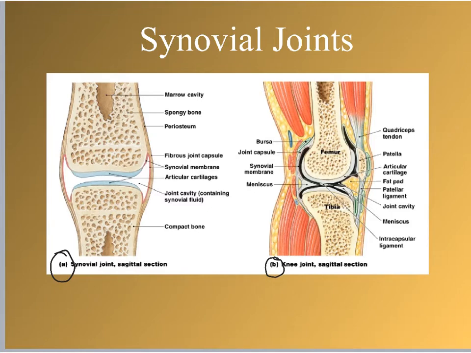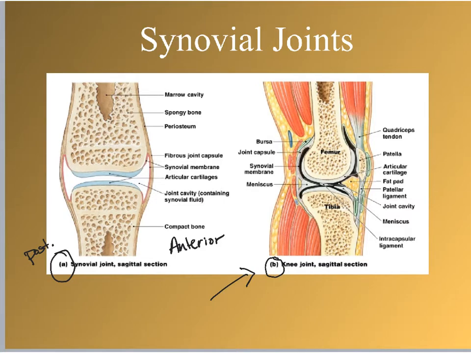So this is a sagittal section, meaning that you're looking at it like if you were to take a piece of pipe and cut down the center of that pipe and separate the pipe into two equal halves. So this would be the anterior side, and this would be posterior right here. Although that's not very well shown in this picture. It's better shown over here.